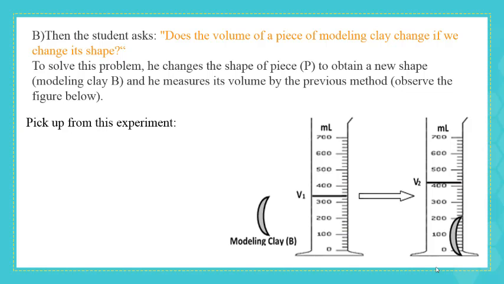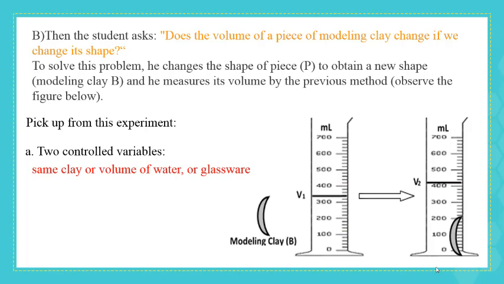Pick up from this experiment the controlled variables, which are the common variables between experiments 1 and 2. You can say it is the same clay, or the volume of water, or the glassware. You can choose any two. The manipulated variable, it is the difference between the two experiments, which is the shape of the clay.